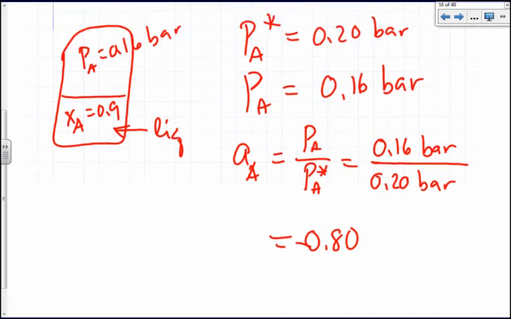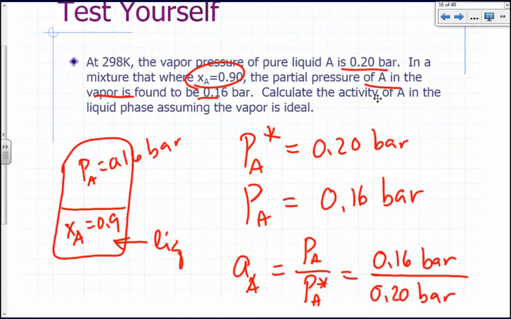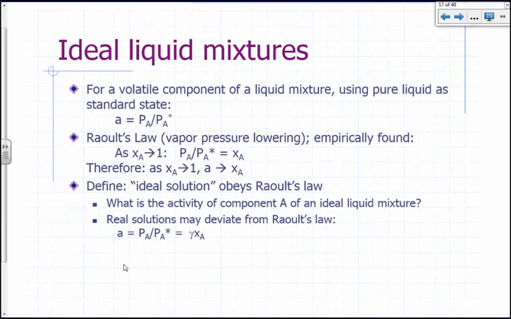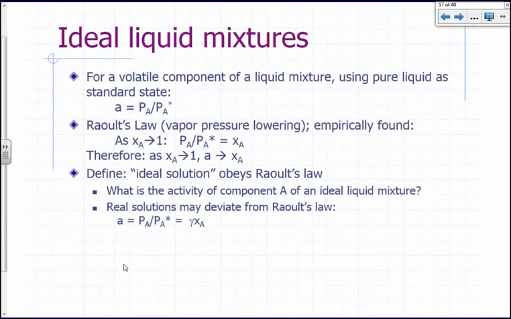That would be the activity of A in our liquid. Now, we said that for a volatile component of a liquid mixture, if you're using the pure liquid as your standard state, the activity is PA over PA star.